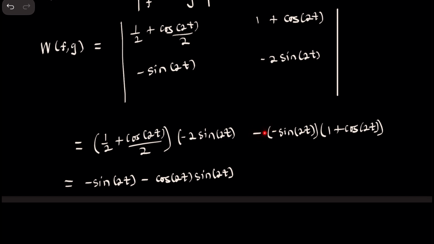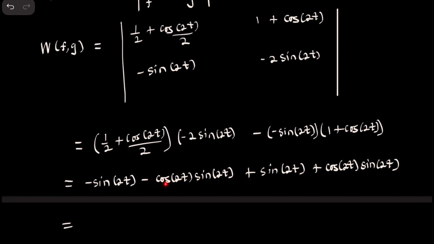Here minus will multiply minus, which is going to give us plus. So that's going to give us plus sine of 2t plus cosine of 2t sine of 2t. Now let's simplify this. Here we have minus sine of 2t, we have plus sine of 2t, which will go to 0.